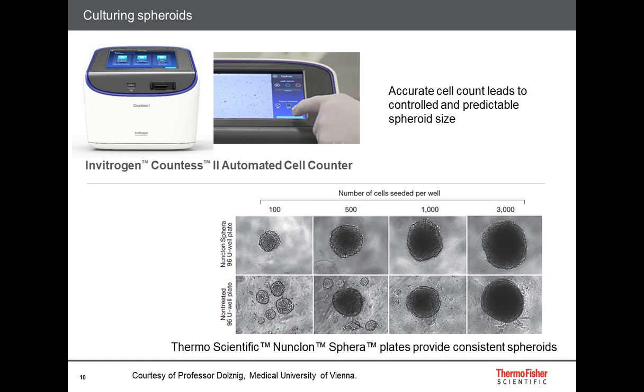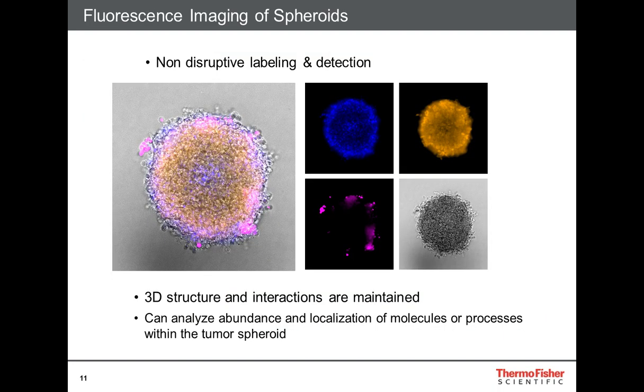Now, using a similar plate that's not treated as the Nunclon Sphera is, we see occasionally non-ideal formation of spheroids.